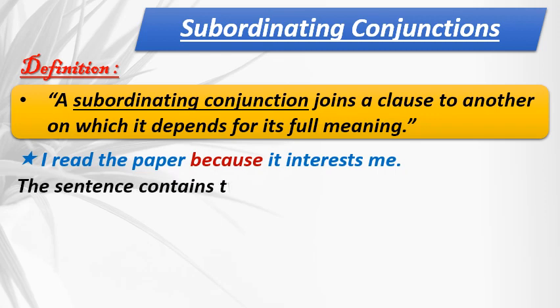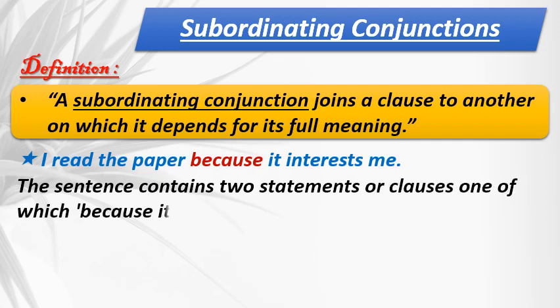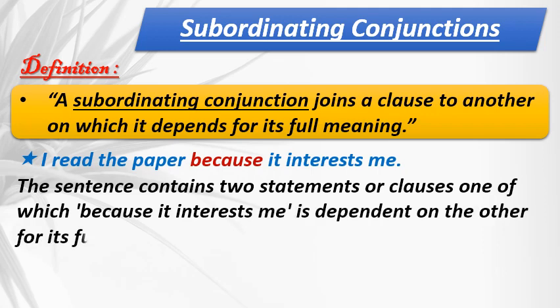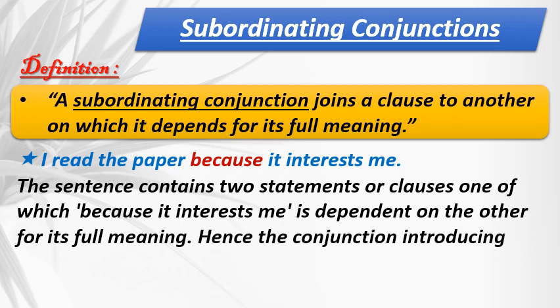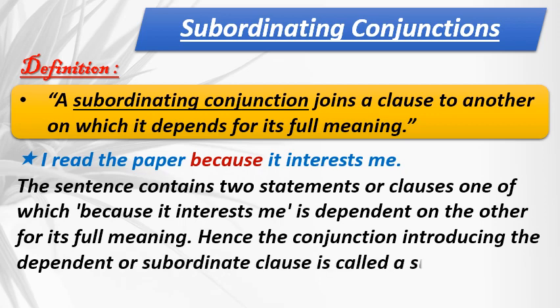The sentence contains two clauses, one of which, because it interests me, is dependent on the other for its full meaning, means to complete its meaning. Hence, the conjunction introducing the dependent or subordinate clause is called a subordinating conjunction. Or in a simple way, we can say that a subordinating conjunction is a word or phrase that links a dependent clause to an independent clause to complete its meaning.